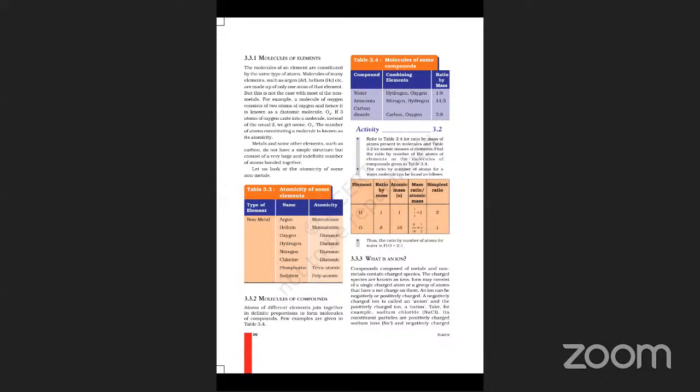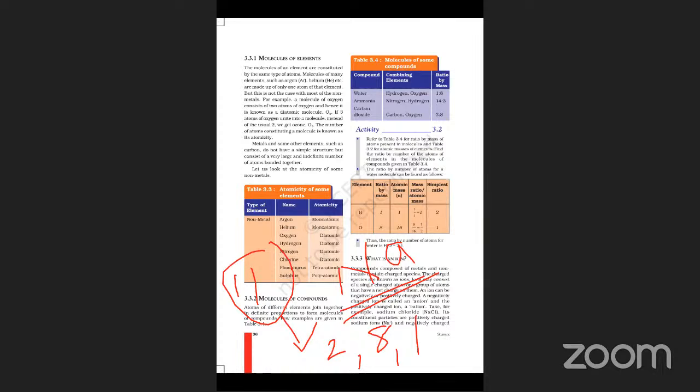Yes, sir. Suppose we are talking about sodium. What is atomic number of sodium? It's 11. And its electronic configuration is 2, 8, 1. So you will observe here, in case of sodium atom, the outermost shell or valence shell is not completely filled.